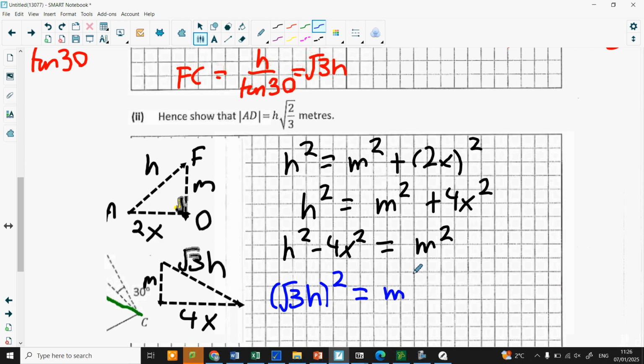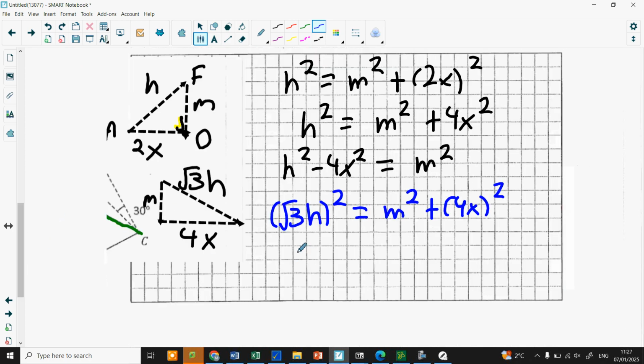Root 3h squared equals m squared plus 4x squared. And then I'm going to say that 3h squared equals, squaring out 4x squared, equals m squared, all right?